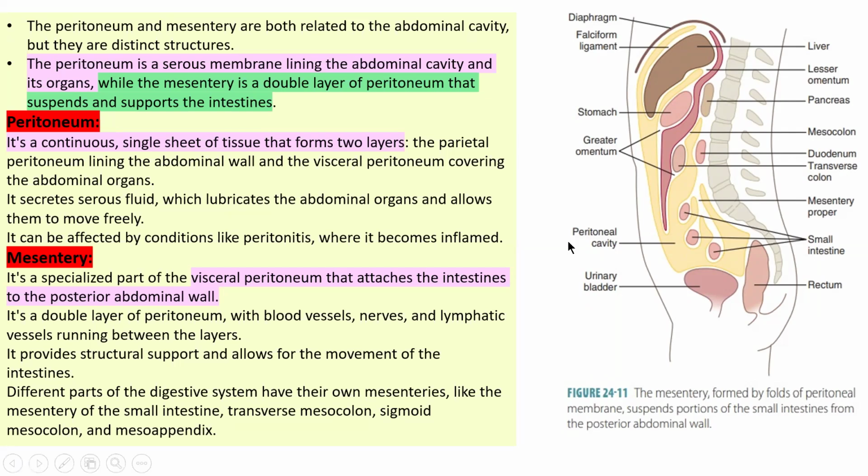Mesentery is a specialized part of visceral peritoneum that attaches the intestine to the posterior abdominal wall.